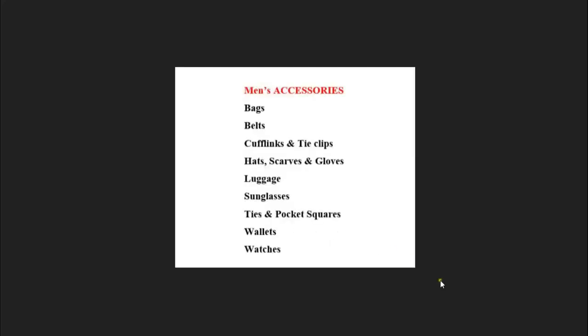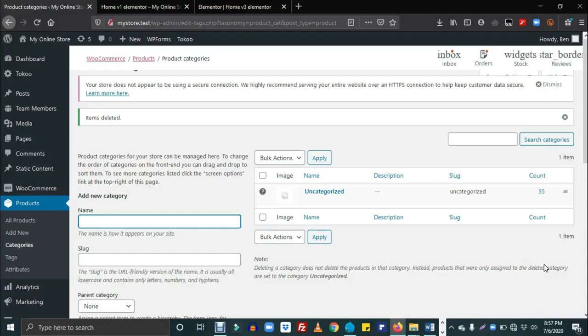Or better still, you want to sell men's accessories, men's bags, belts, and all that. Or you may choose to sell just one. As said before, you may want to sell only watches, so that when we are talking about an online store that sells watches, you are the one we are likely to turn to. It is clear at this point that you know which categories to use on the website.